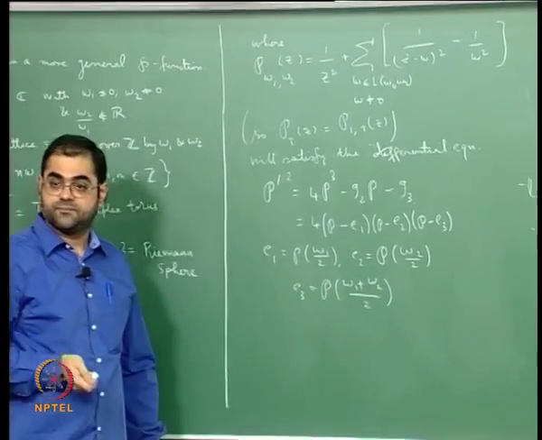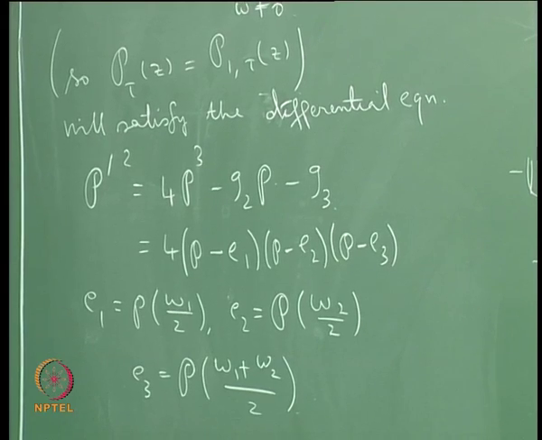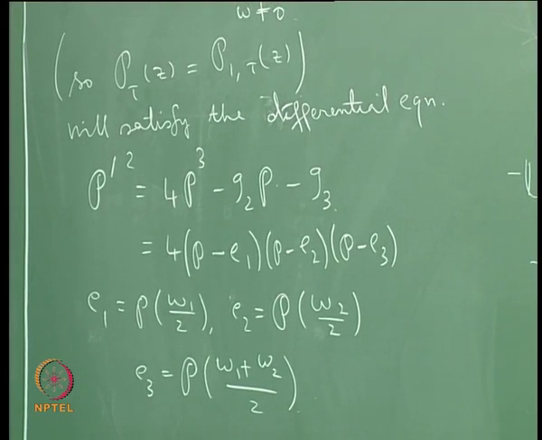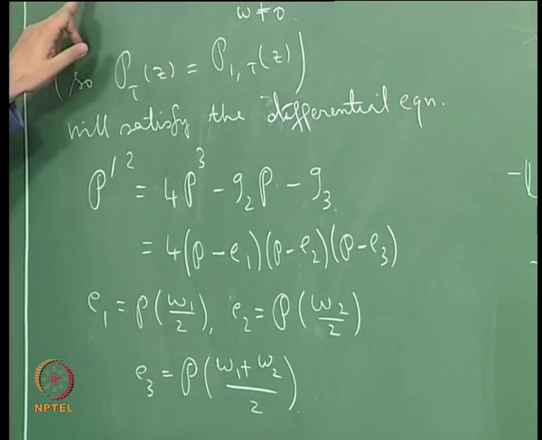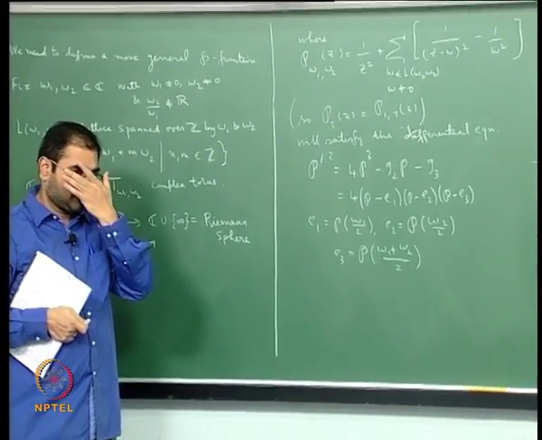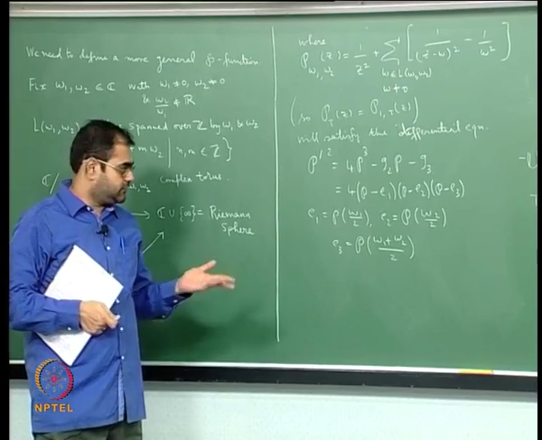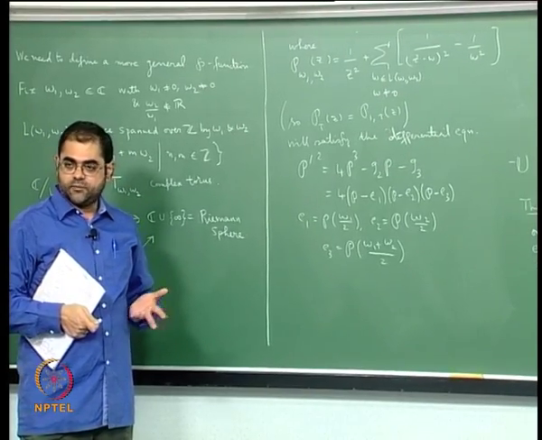The arguments are exactly the same as they were when omega 1 was 1 and omega 2 was tau, okay. You can try writing that out as an exercise and you will see that literally the same arguments do it.